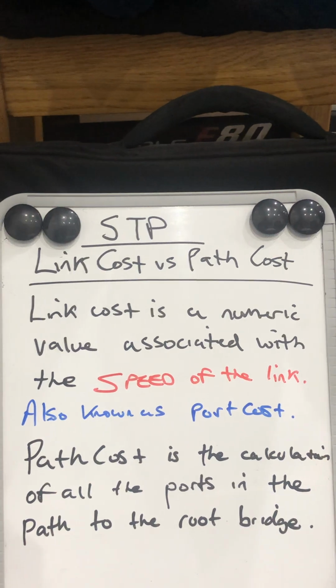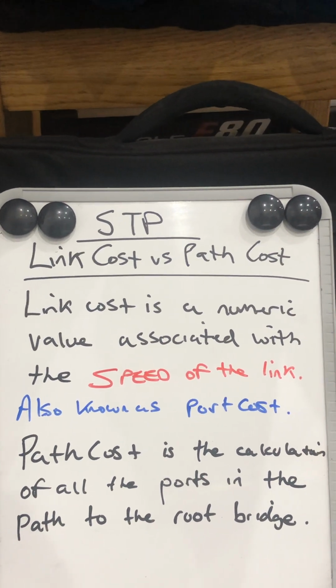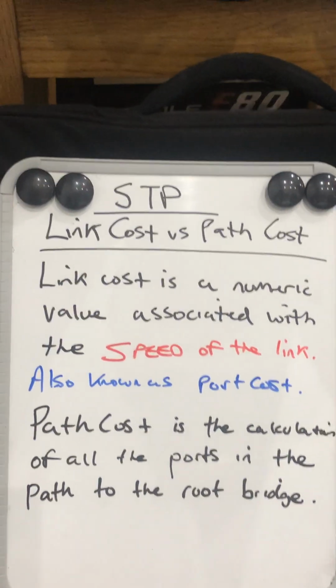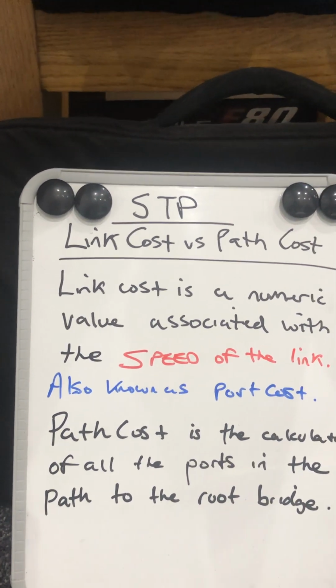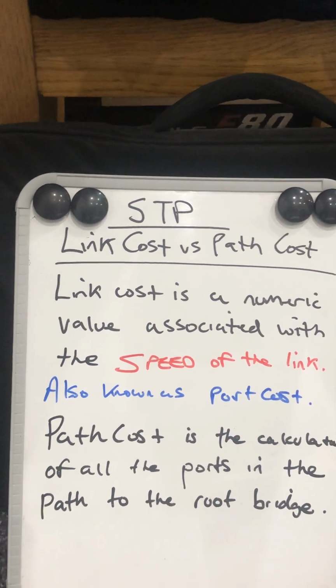So for example, when it comes to fast Ethernet, which is 100 megabits per second, that's given a cost of 19.